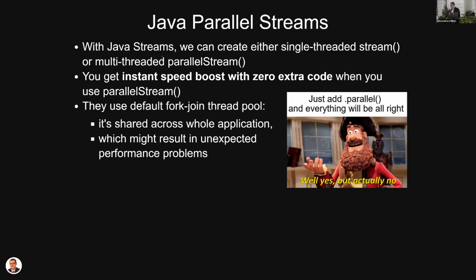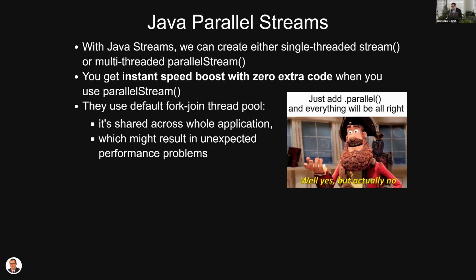We were supposed to get the performance benefit and have everything calculated faster. But the actual result is that our processing waits in a queue till the rest of the stuff gets calculated, because we share the same fork join thread pool.